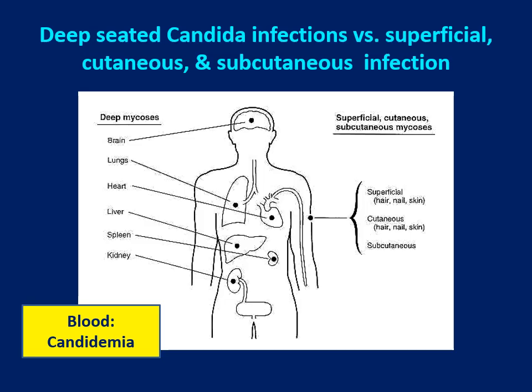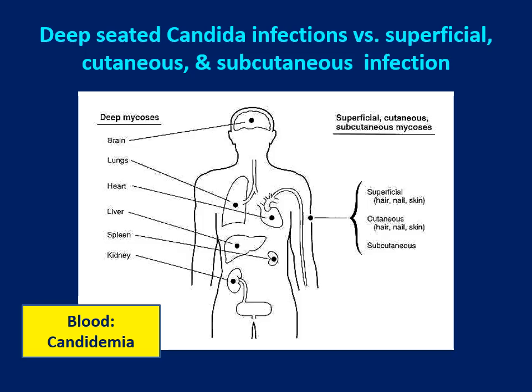Deep-seated candida infections can occur in any part of the body, and cutaneous and subcutaneous infection can occur in the skin or any part of the integument. Candidemia, or bloodstream infection, is another point to worry about.